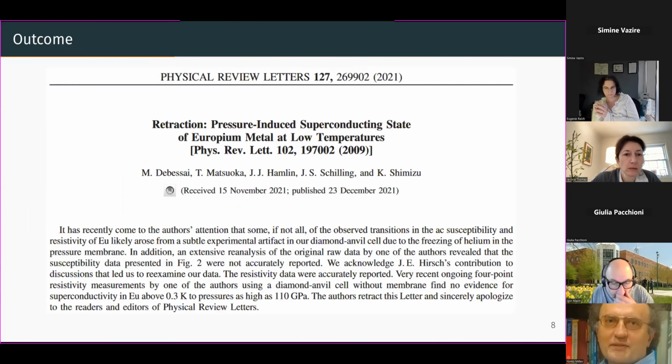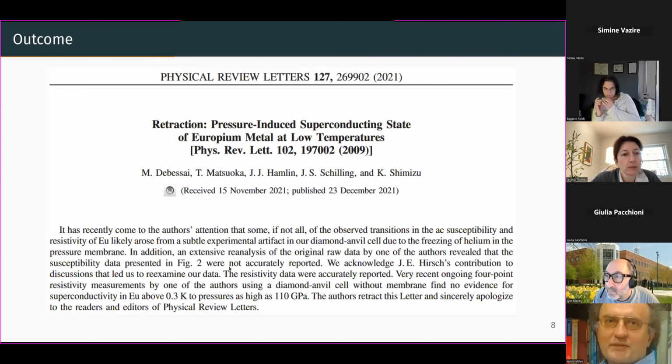So the outcome here was that the paper was retracted. Not only did we find that the data had been altered, but one of our co-authors also repeated the measurements using a cell without a membrane and didn't find that the superconductivity was there, confirming that these features were likely due to this artifact from the pressure in the membrane.